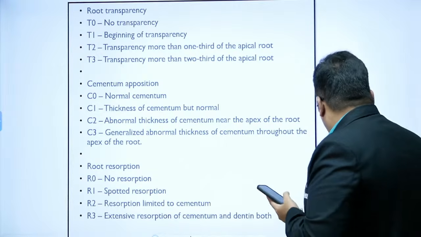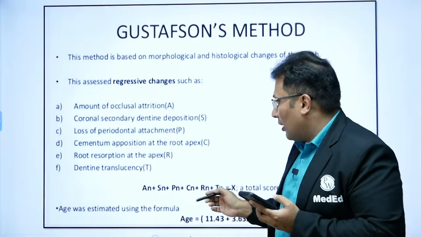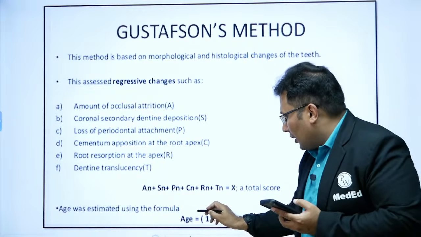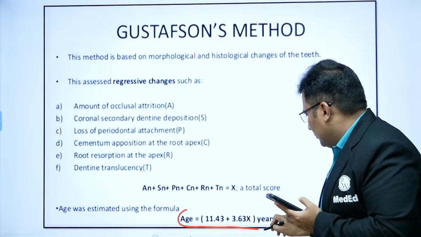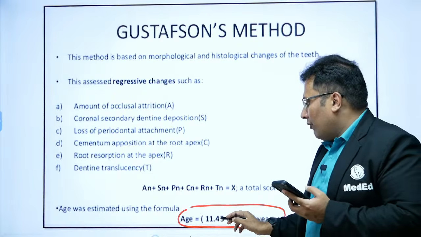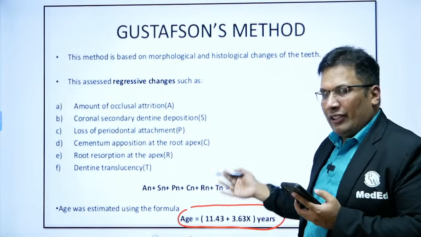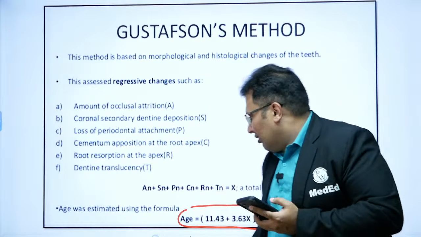And finally, how to calculate? The calculation is done with the help of this formula: age is equal to 11.43 plus or minus 3.63 multiplied by total score. Again, it's a fact based question. So this I'll share with you after the class, you can just go through that.